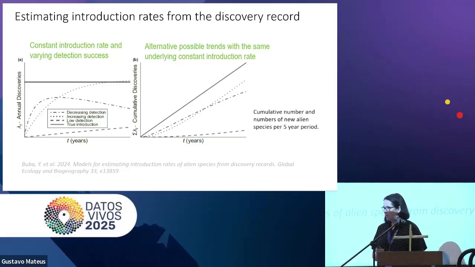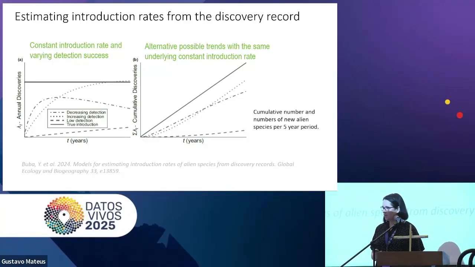The reason for the hesitancy in using trends in invasion, from which one would calculate rate of change in invasion as an indicator, has to do with the lag between the introduction and establishment and discovery of alien species.